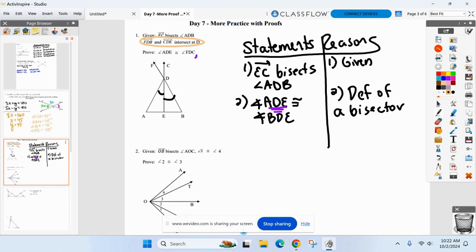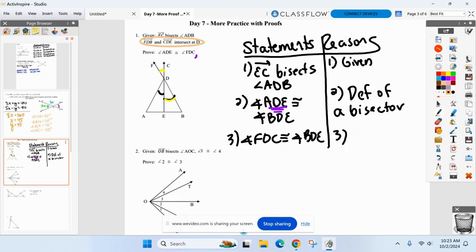Those intersecting lines form these vertical angles right there. Awesome. So now I could say angle FDC is congruent to angle BDE.